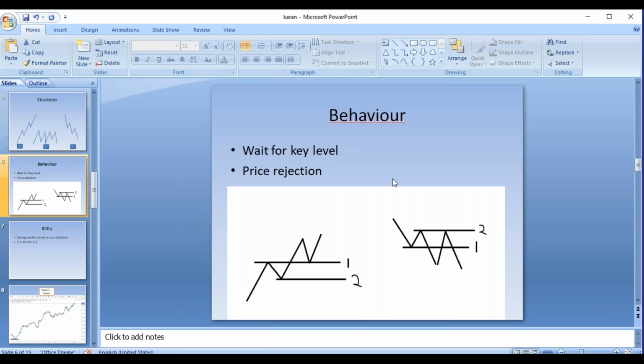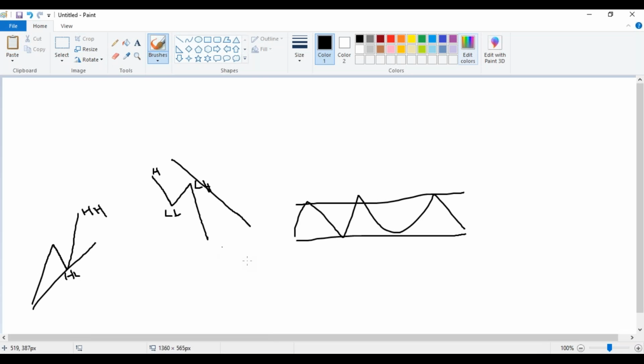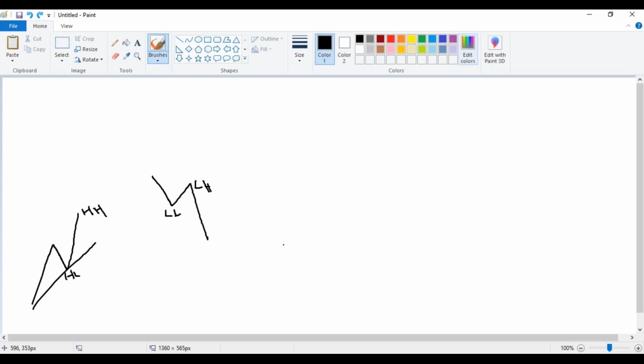The second is the behavior of the market and to find the key levels. This is the most important thing. Okay, so we know here an uptrend is confirmed.